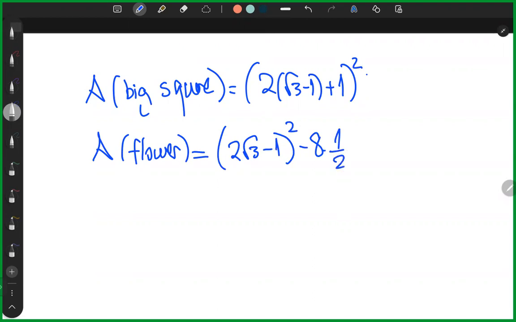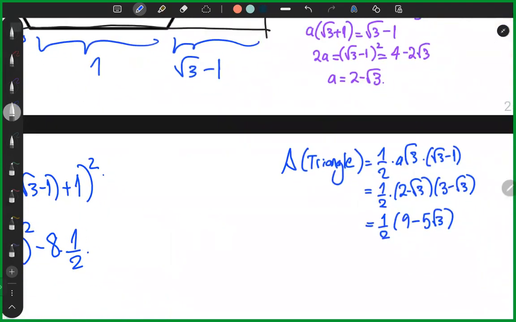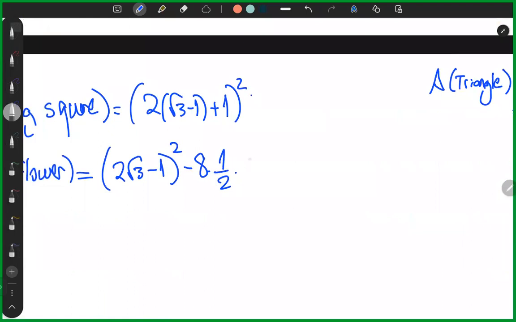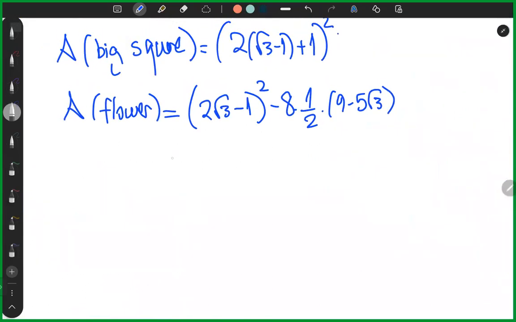It is 1/2 times (9 - 5√3). Okay, let's calculate this. So the square term is 13 - 4√3, minus 4 times (9 - 5√3).